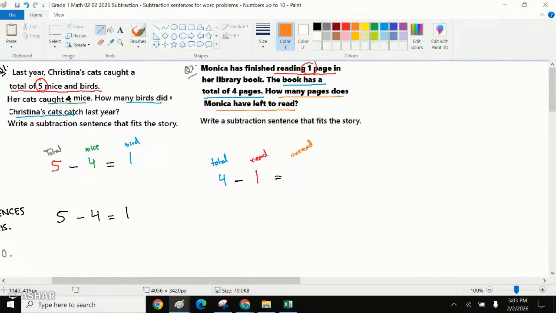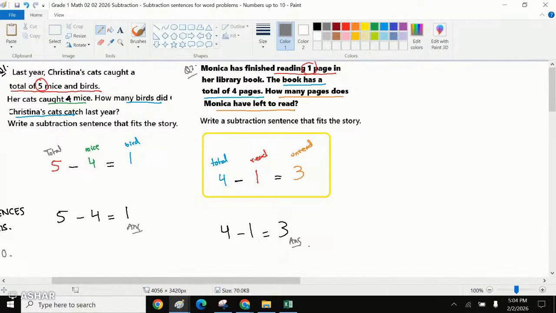That means 4 minus 1 would be 3, and the subtraction statement is 4 minus 1 equals 3. This working is already the subtraction statement. But what I am writing over here is I'm giving them headings as well. Like 4 was a total, 1 was read, and 3 unread, right? So we give this as the final answer. This is the only answer that we need to give.